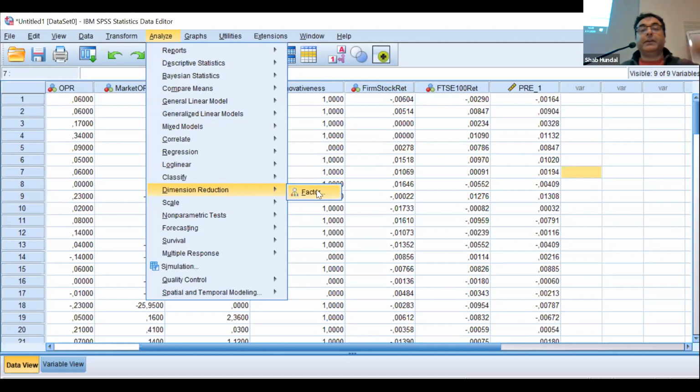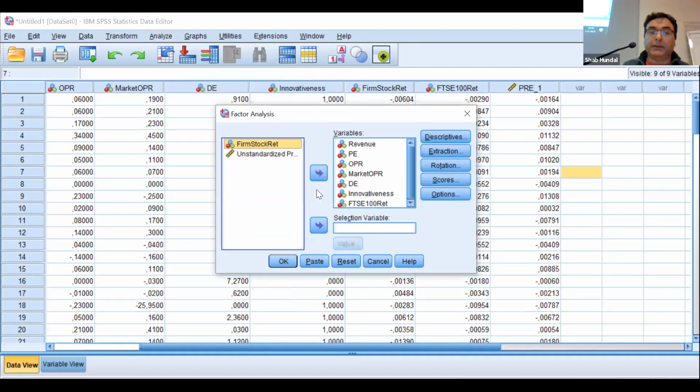So look, the 3 yellow things, you need to remember that. Analyze is a starting point, dimension reduction is the second point, and then factor is the third point. Okay, and once we click it, we go in the activity area.